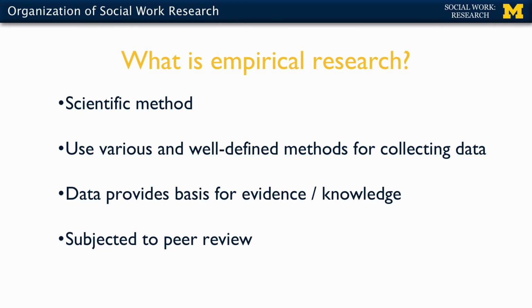Thus, the data become the basis for evidence and our knowledge, and we use that as a way of informing ourselves. And this method helps us separate what we believe to be true and the biases that we hold and gives us a more objective view of the world.